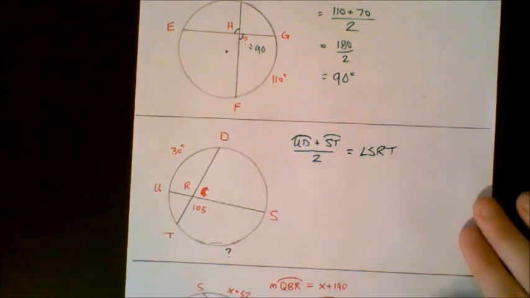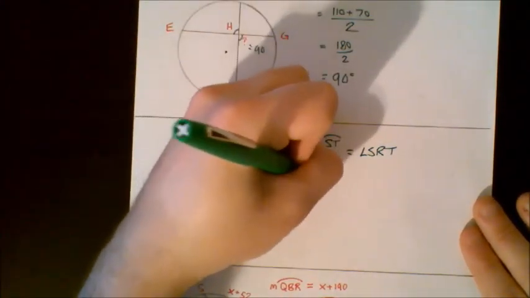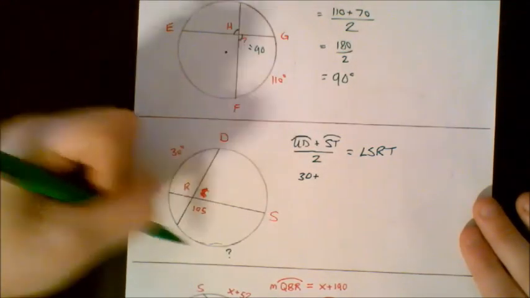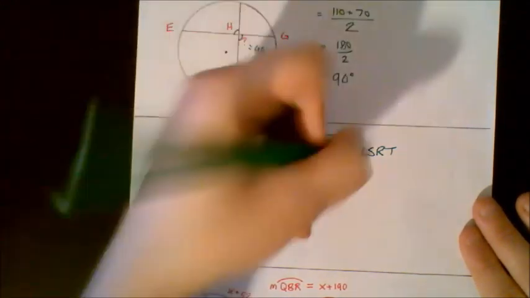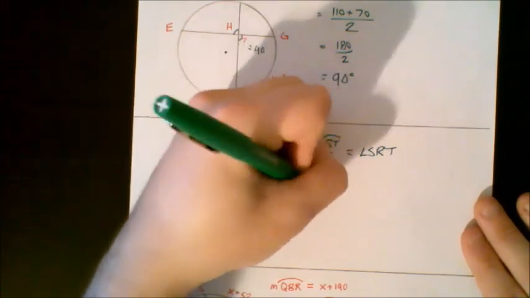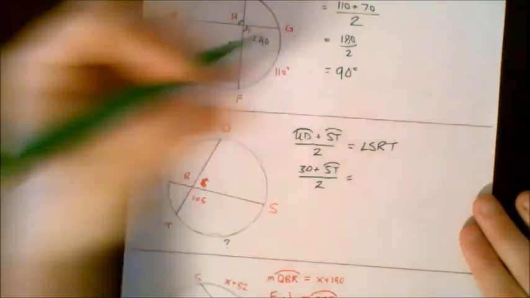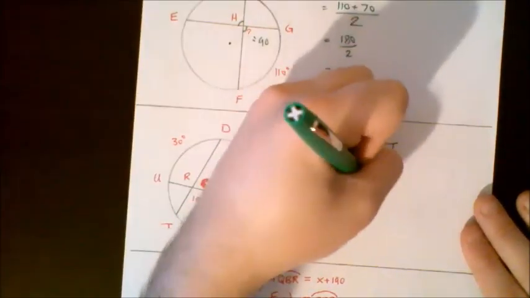We know what arc UD is. That's just 30 degrees. 30 degrees plus, we don't actually know what ST is, so we can just leave it as ST. Anytime we don't know what it is, we can just leave it as is. But we still have to cut that in half. That equals angle SRT, which in this case is 105.